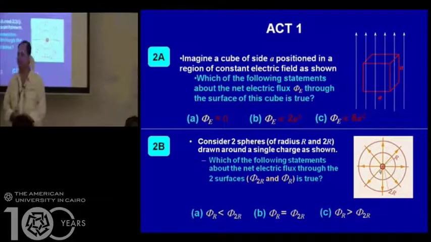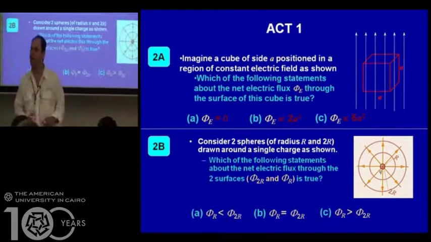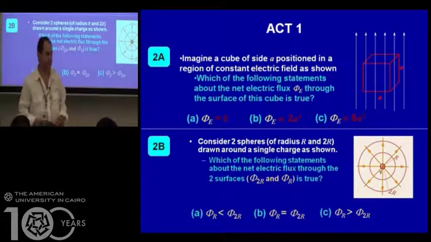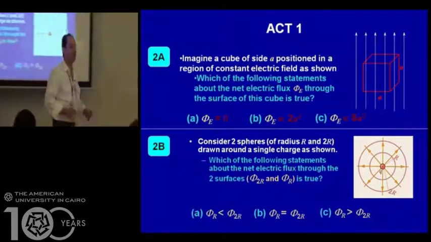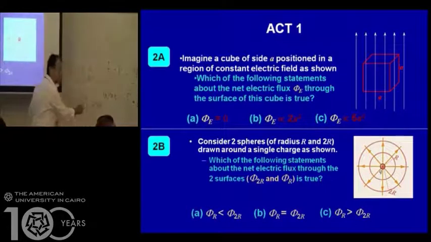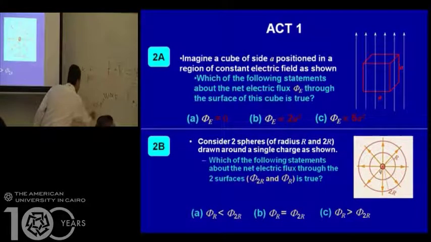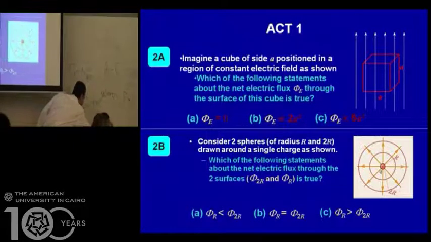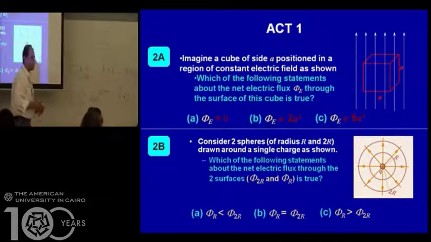That's the volume of a sphere, 4 over 3 pi R cubed. Area of a sphere, not a circle. So if you look at this, the flux is equal to 4 pi KQ. That's flux number 1. How about flux number 2? E is KQ over (2R) squared.